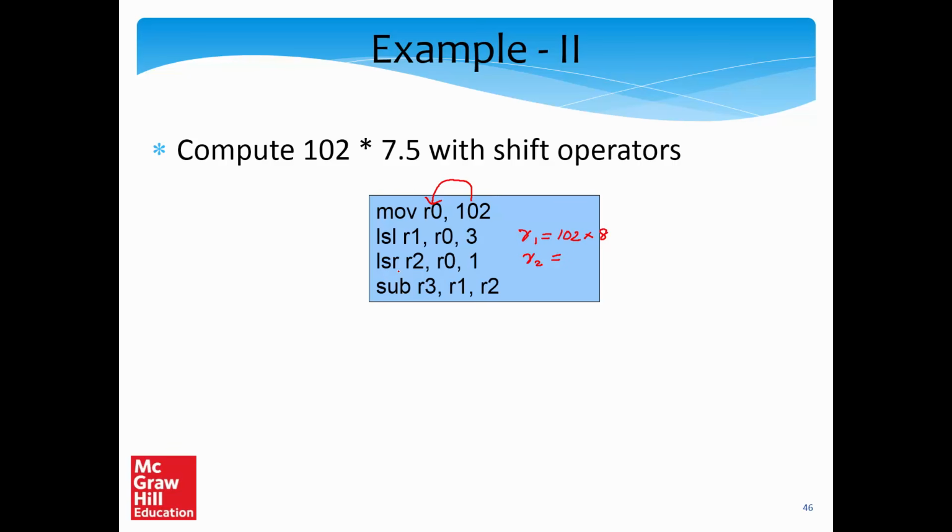Since 102 is positive, logical and arithmetic shift right are the same. So we shift it to the right by one position, which means multiply 102 with 0.5. Well, then it is very straightforward. We subtract R1 minus R2. So R3 becomes equal to, well, this is exactly what we wanted to do.